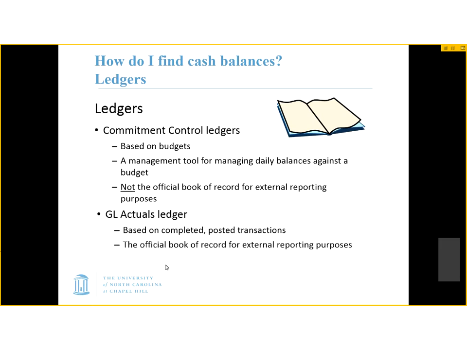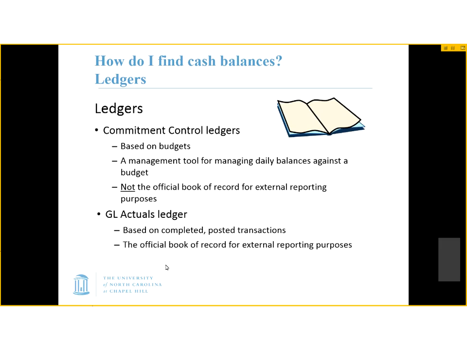So that's the budget ledgers, the commitment control ledgers, based on a budget, and driven by our budget checking process. The GL Actuals ledger is based on completed, posted transactions, so what's been fully processed through the system. And the GL Actuals ledger is our official book of record.